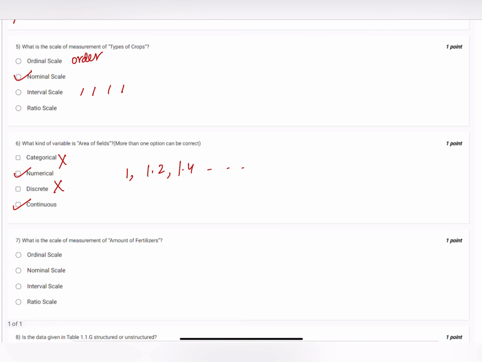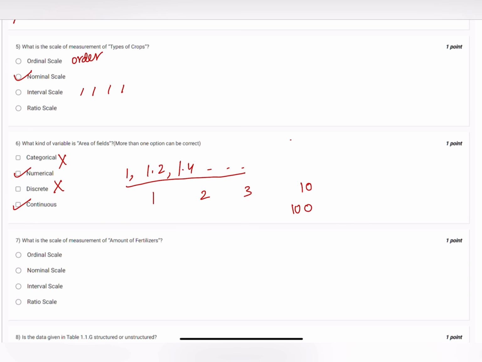See, discrete data has to be exact like 1 or 2, 3, or the amount of items that you have purchased from a shop, and it can be 10, it can be 100, but it has to be fixed. But continuous variable, it changes over time. For a fixed amount of time it changes.